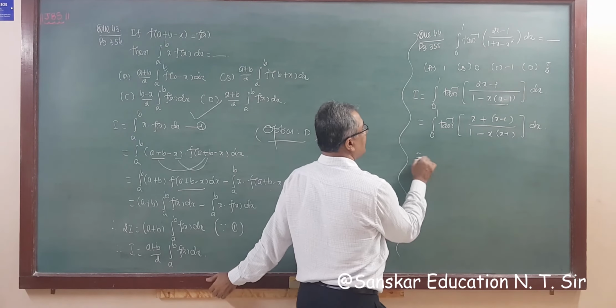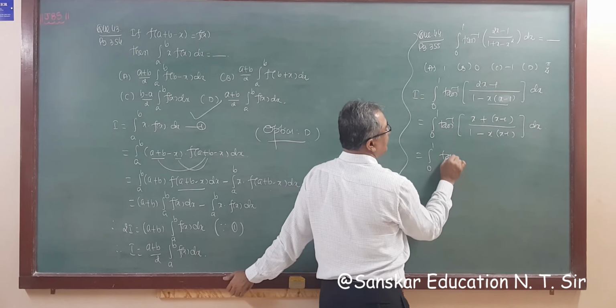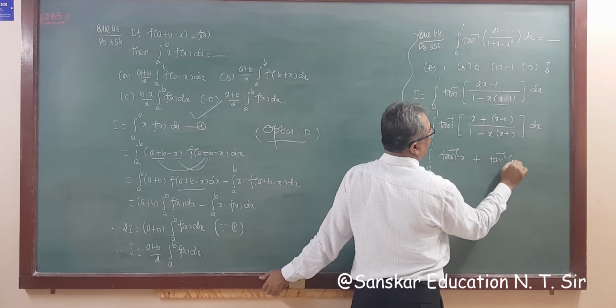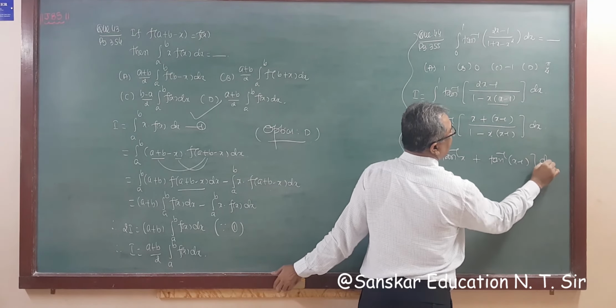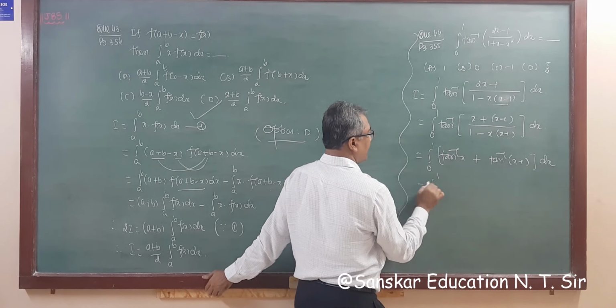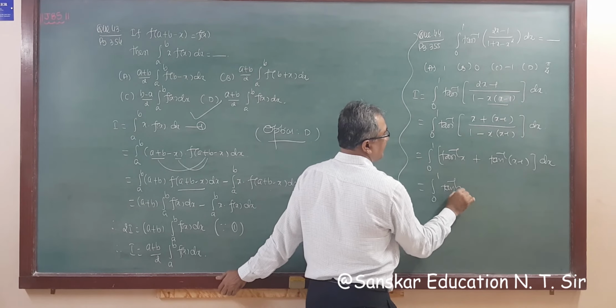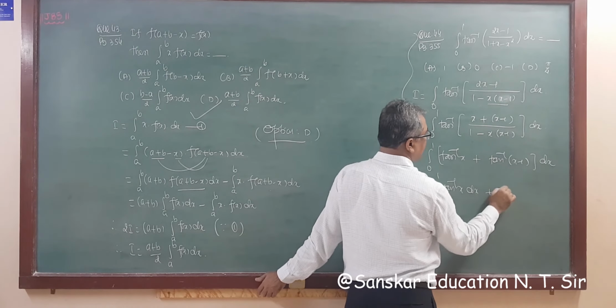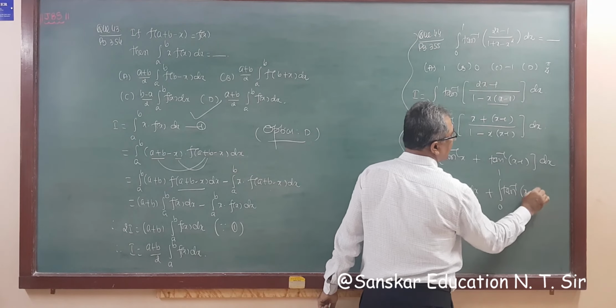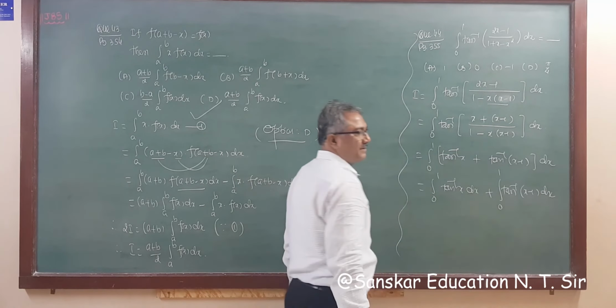So what is the answer? Integration 0 to 1 tan inverse x plus tan inverse x minus 1 dx. So bifurcating this, 0 to 1 tan inverse x dx plus 0 to 1 tan inverse x minus 1 dx.